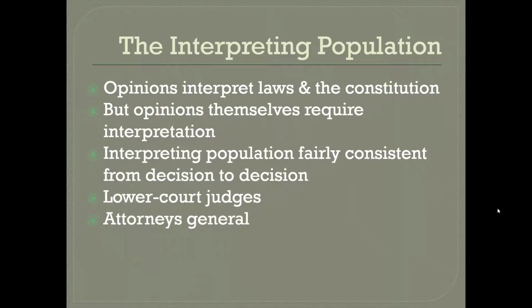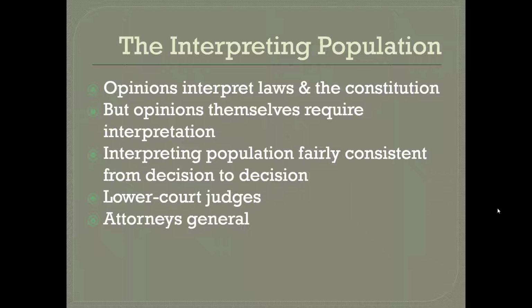Attorneys General, so that could be the Attorney General of the United States, but more importantly, probably state attorneys general. One of their duties is to read court cases and figure out what the state or the federal government is required to do, how they are required to comply with a particular court decision.